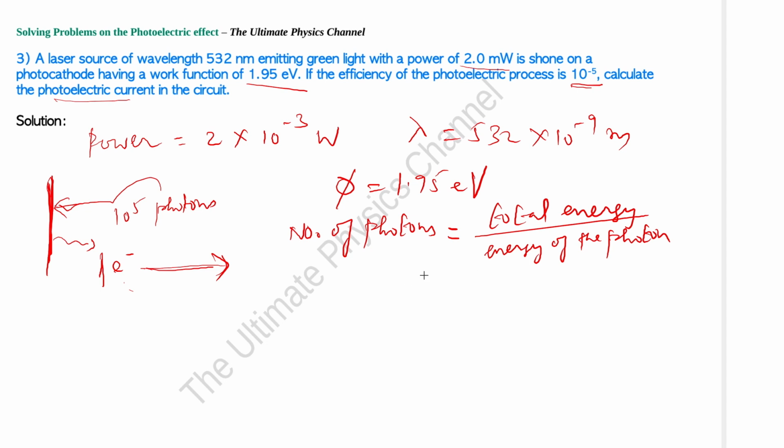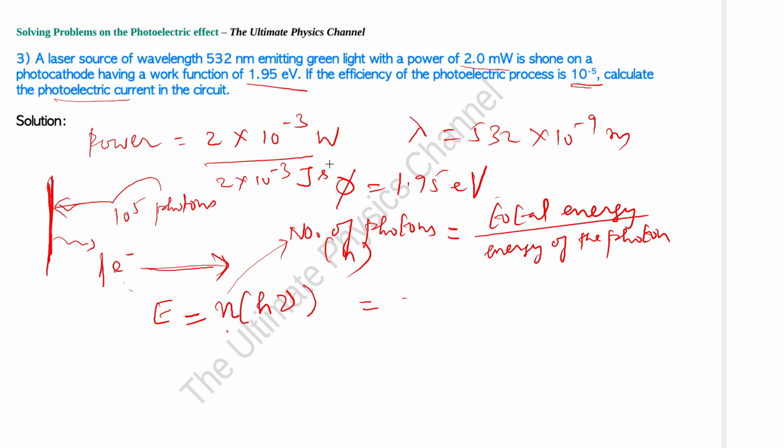So let's first calculate the total energy. Let's call that E. This is made up of a number of photons, so we can say that E is equal to n times h nu. This n is what we need, right? This is the power that is given. So it is 2 milliwatt, that is 2 into 10 power minus 3 joule per second.